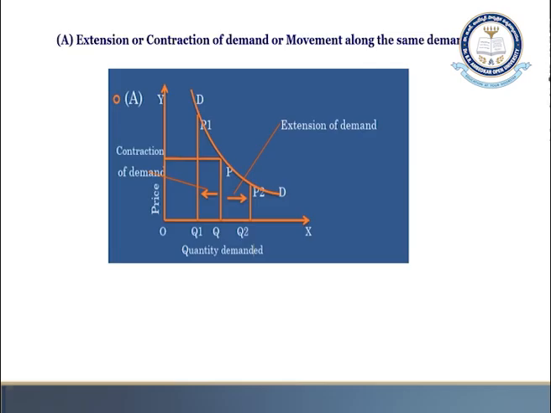If you look at this particular graph, there is a demand curve DD and the price is P. In case the price is going up from P to P1, then quantity demanded comes down from Q to Q1. If the price falls from P to P2, then quantity demanded rises from Q to Q1.